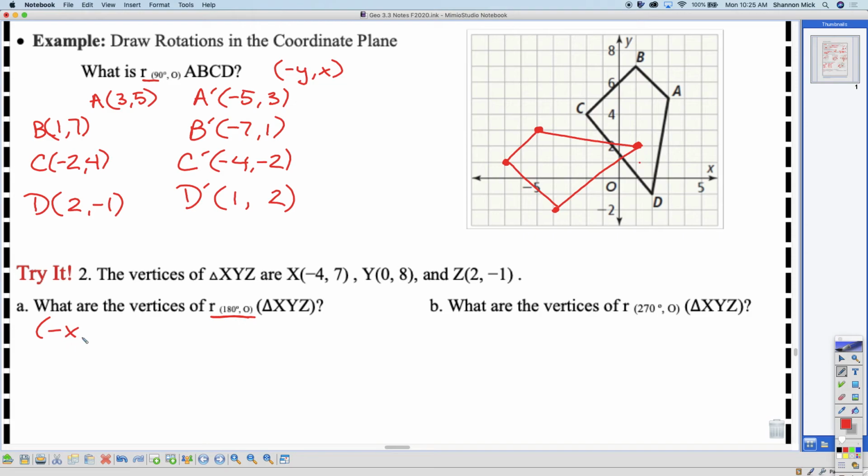Negative X, negative Y. So try A prime, B prime, C prime for X, Y, Z. Try them on your own. If someone has a question, let me know. And make sure you put your primes on them, okay?